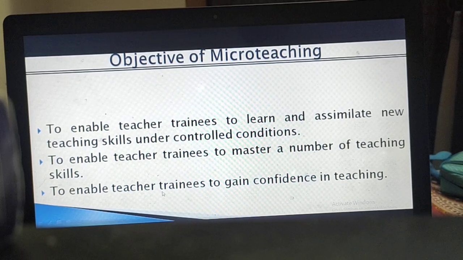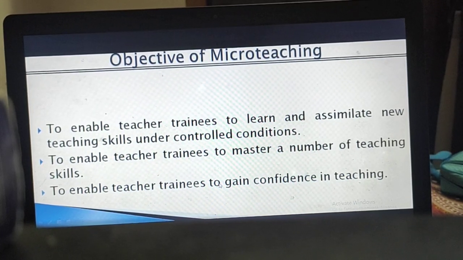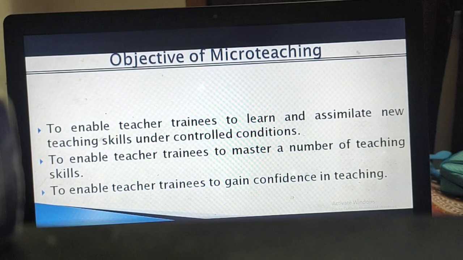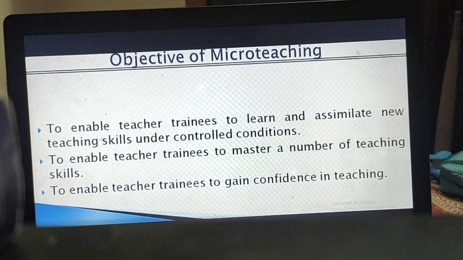Next, to enable the teacher trainee to gain confidence in teaching. That is a very important objective. When teachers practice the defined skills again and again, they learn defined types of teaching methods and teaching skills, and how to utilize the teaching skills in real classroom situations, even in adverse situations.